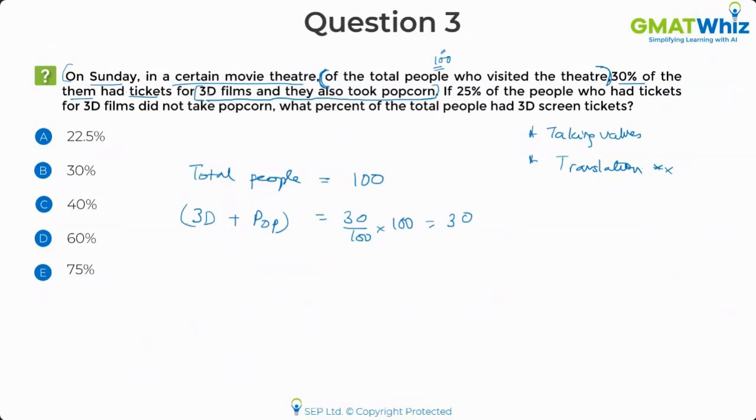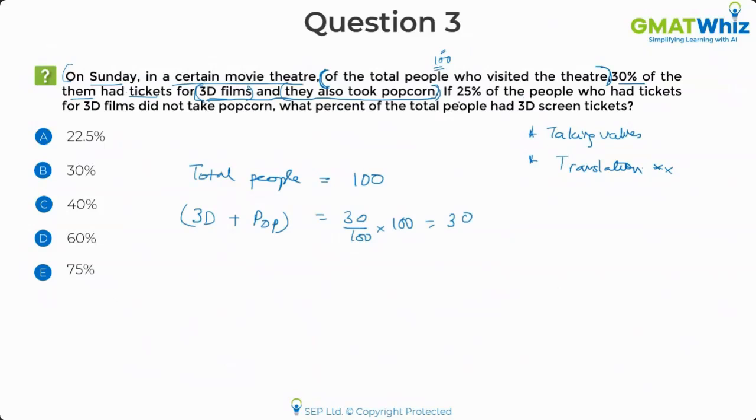From here you can make an inference that there's a possibility some of the 3D ticket holders might not be taking popcorn. That's the kind of thing you may have in mind as you move ahead, seeing what else is given.